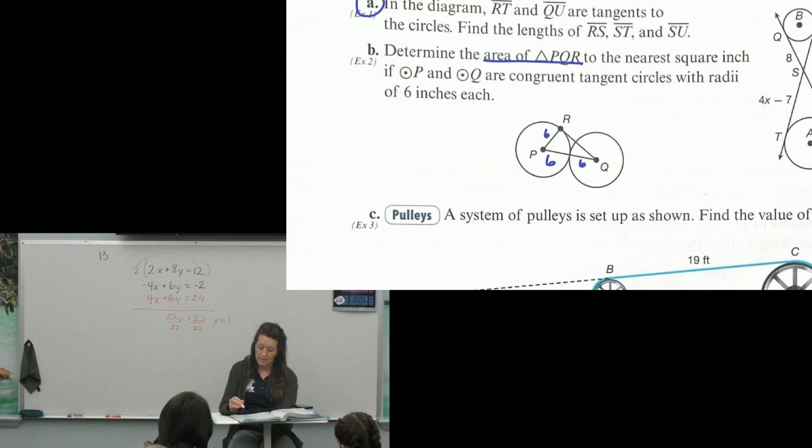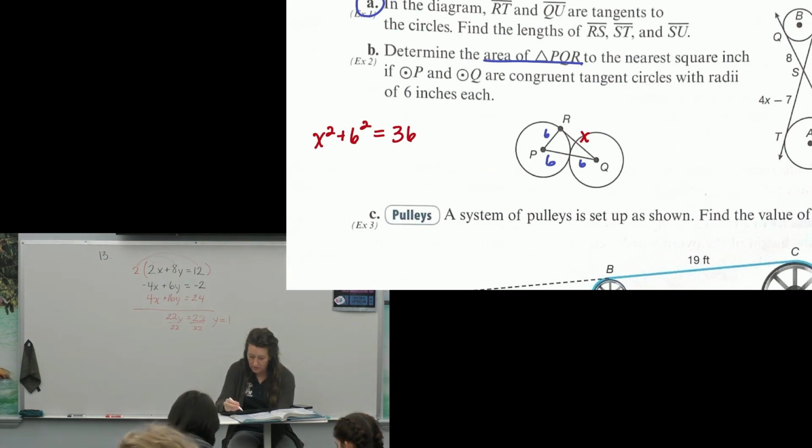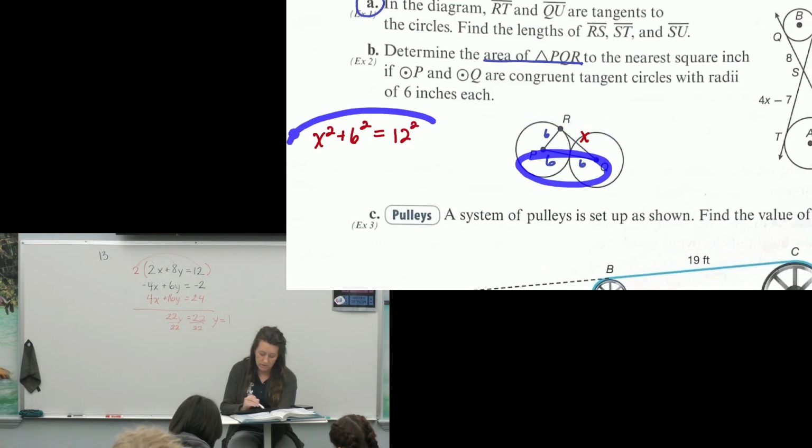We don't know the base again, right? But we know it is a right triangle. So we could pretend this is x. So we'd have x squared plus 6 squared equals 12 squared, because you add them together, right? Does that make sense? X squared plus 6 squared equals that.